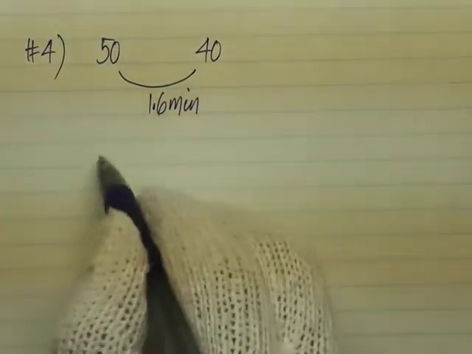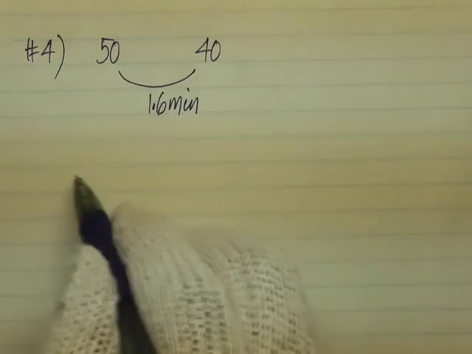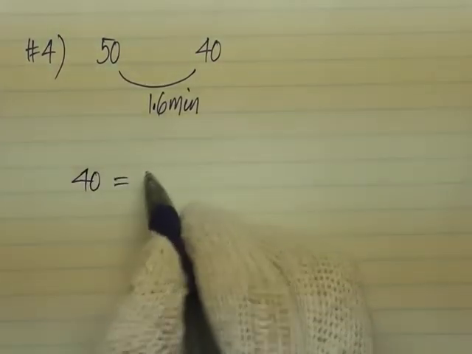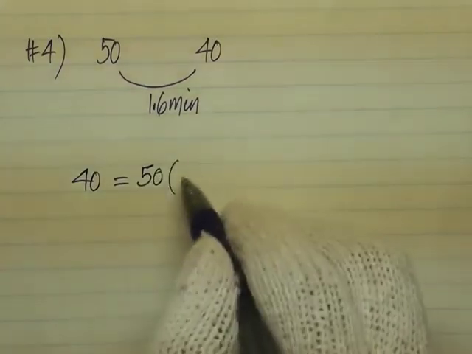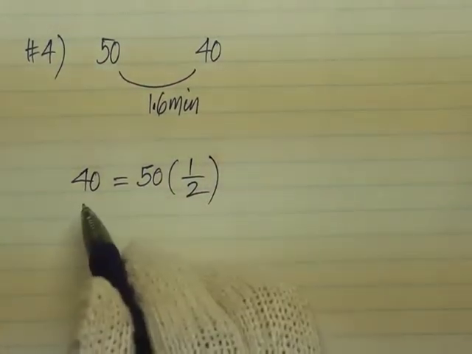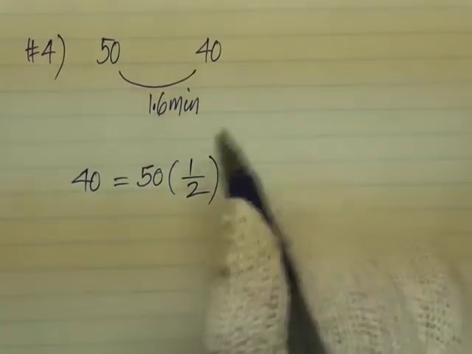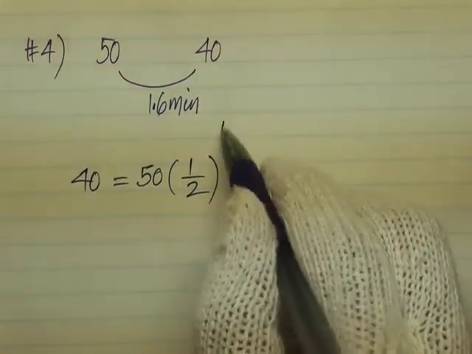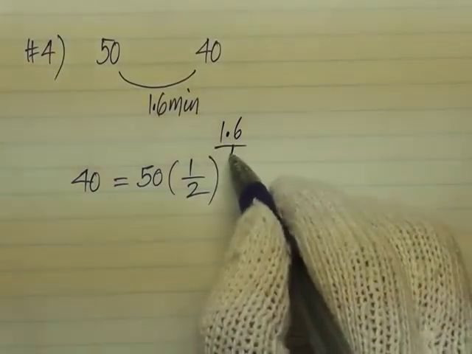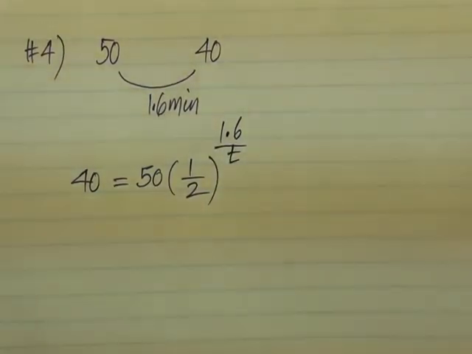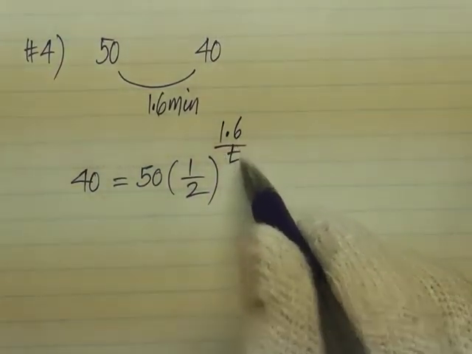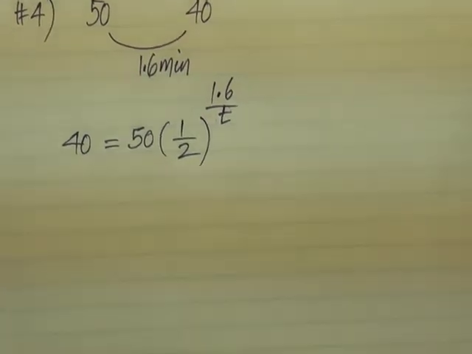Alright, so we know that, for example, it started out as 50, but it became 40 after 1.6 minutes. And we want to find out what this t is to find out the half-life.